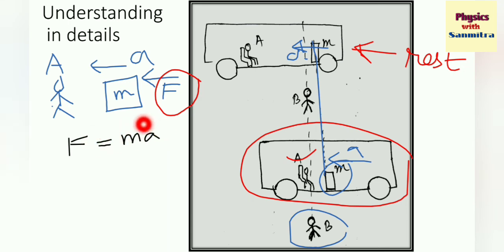What A is watching is that this block is coming towards him with an acceleration A, because the bus is moving in the rightward direction, which we can see from outside. A is watching that this block m is moving towards him with an acceleration A. So for that acceleration there should be a force, and that force is the pseudo force that only A can observe, not B.